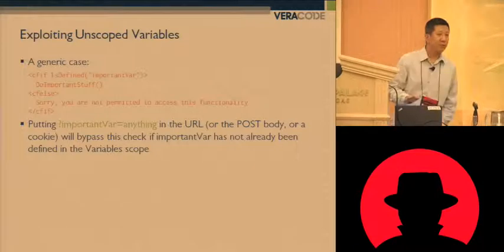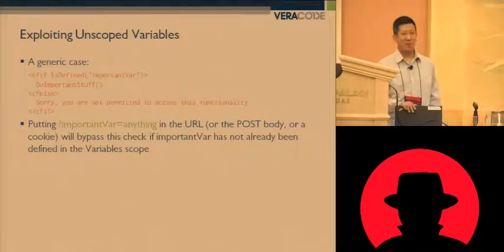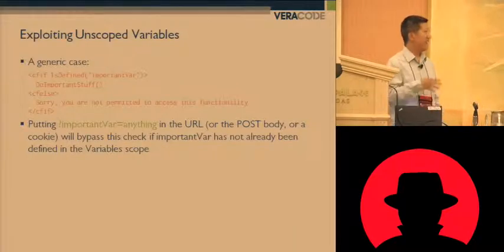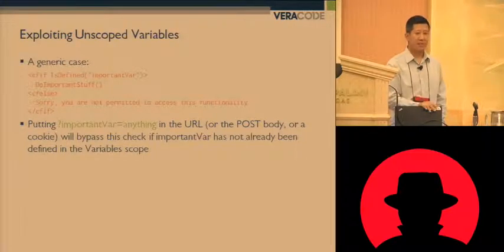Okay, this is a really, really simple contrived example. Most of these examples are pretty contrived for the sake of fitting on the slide. But here's a case where, let's say the application has a variable called important var, and earlier on in the application somewhere, some logic was executed, and if a certain set of conditions were met, it set the variable called important var. And then later, we have this code, which checks to see if that variable is present.